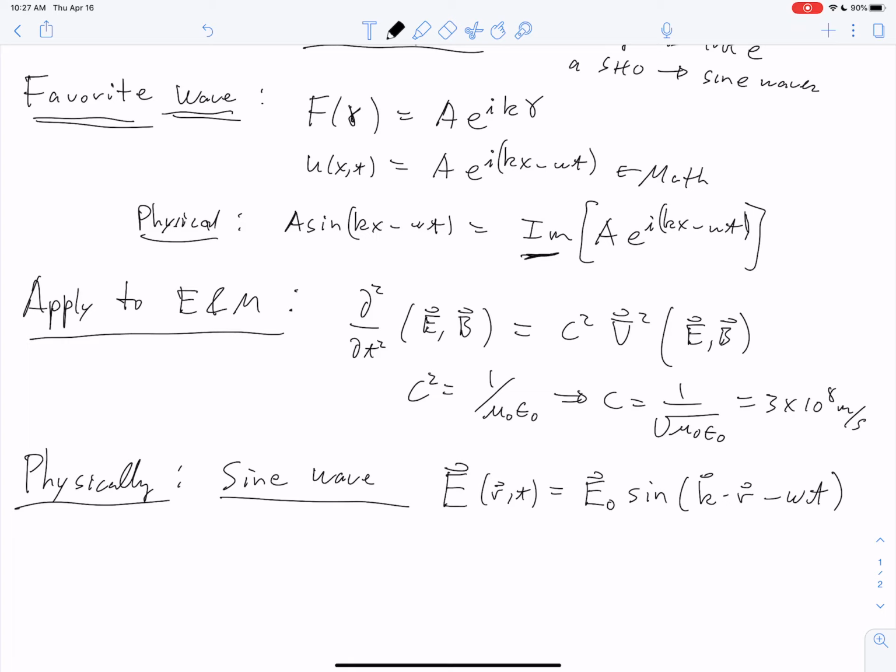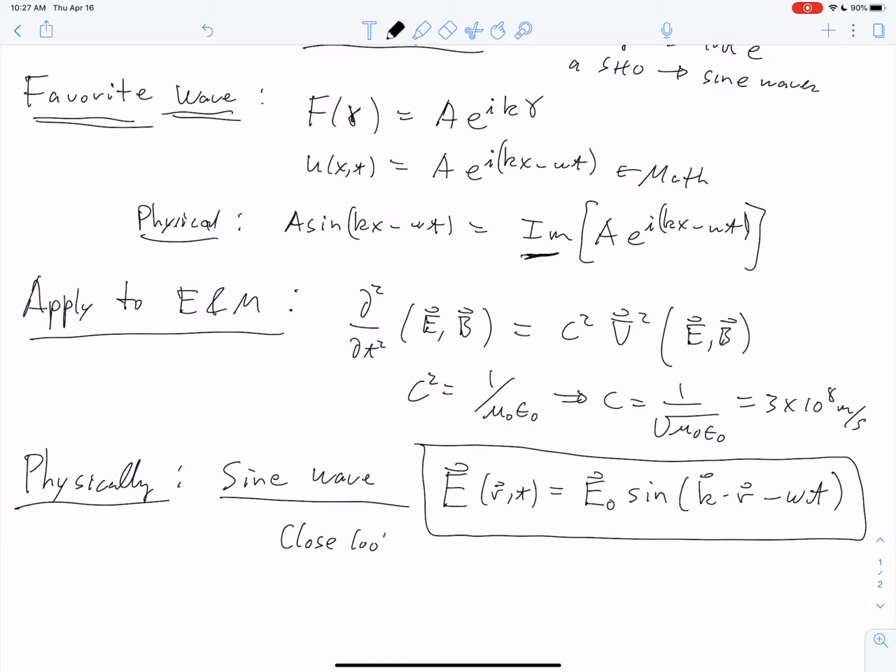Okay, so this is an electromagnetic wave. It satisfies the wave equation, and this is one of many types of waves, but this is really our favorite one. And so let's take a close look at this one.